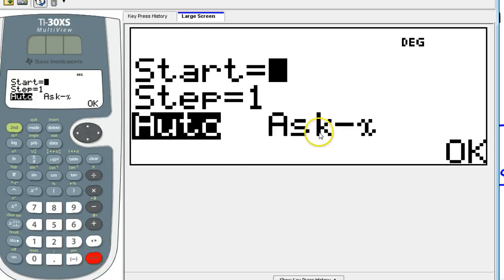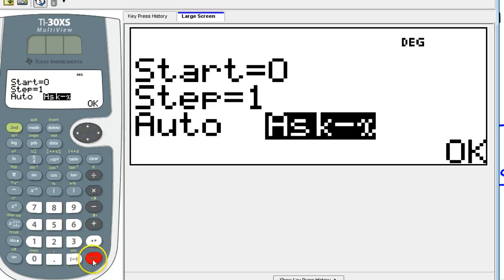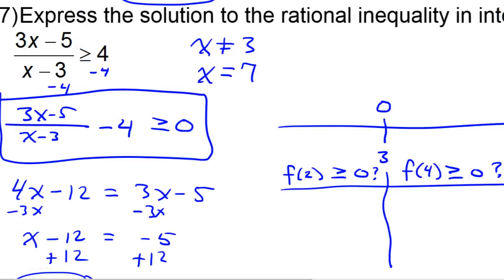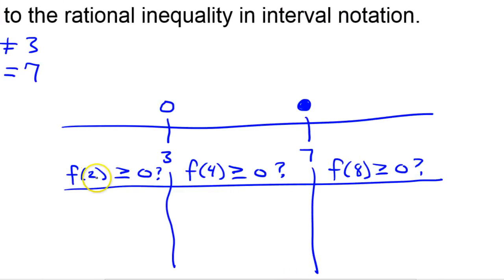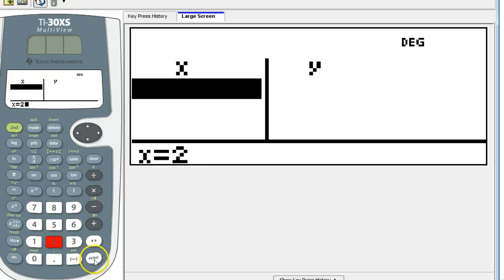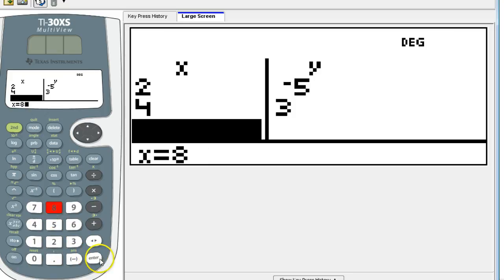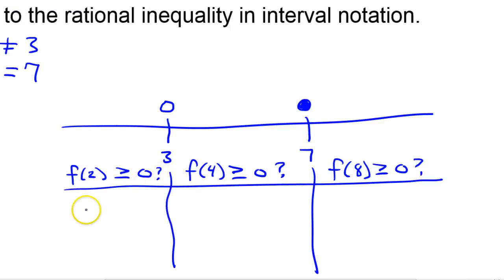Okay, and again, I want to be in ask mode. So I need to check 3 values, 2, 4, and 8. So I can just type those in, 2, 4, and 8. And these are the values I get: -5, 3, and -1/5.